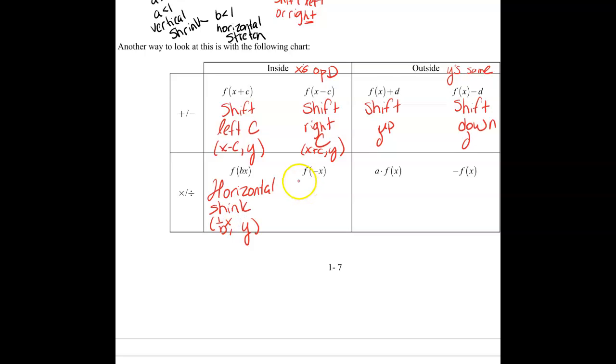And then if I have a negative, what it's actually going to do, if it's on the inside, is reflect over that y-axis.